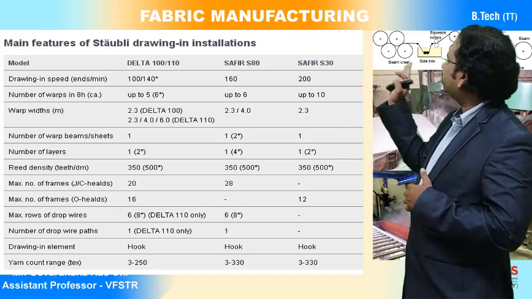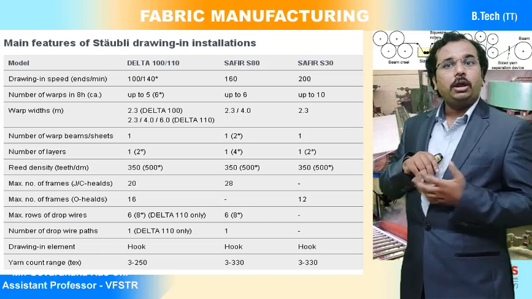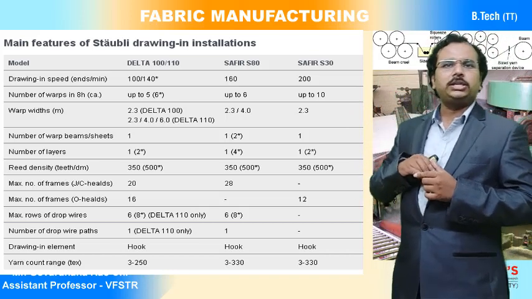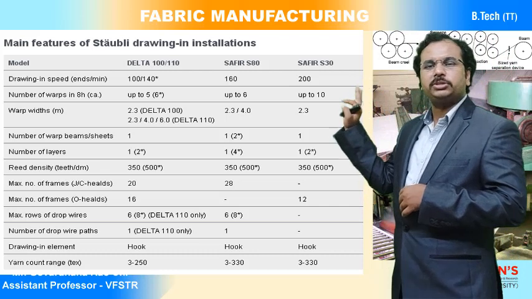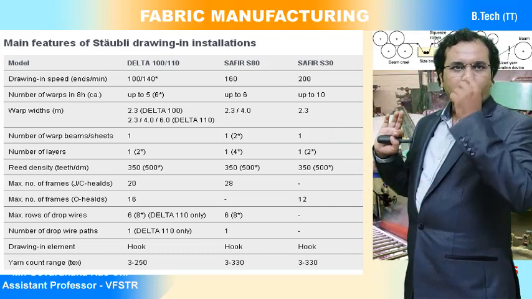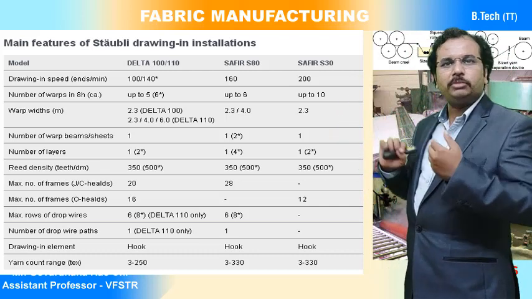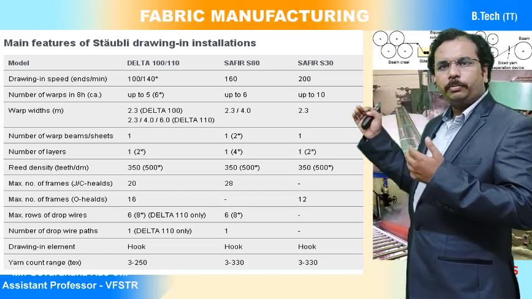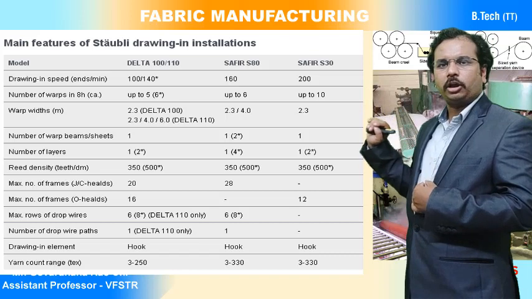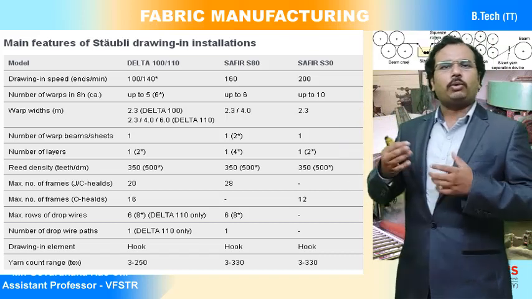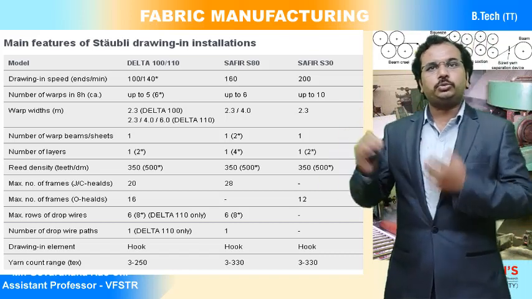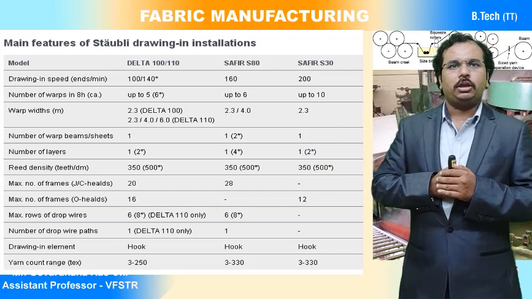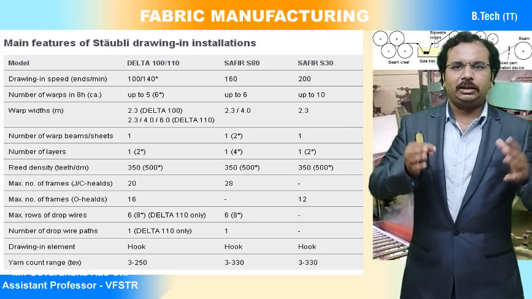Okay, and you can observe that the Safari does 200 ends per 1 minute, and you can see how many warp beams can be kept. Okay, and how many maximum heald frames can be mounted or used in the automatic drawing-in machine. You can see 20, 28, and there is no limit for the S30 case. Okay, so there are technical features like that.